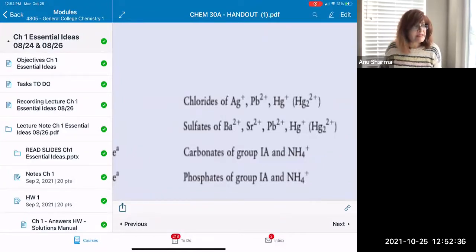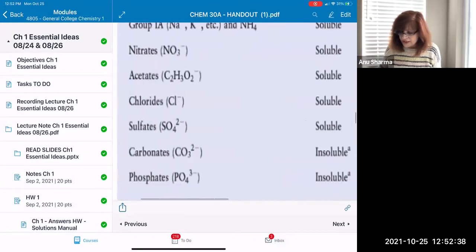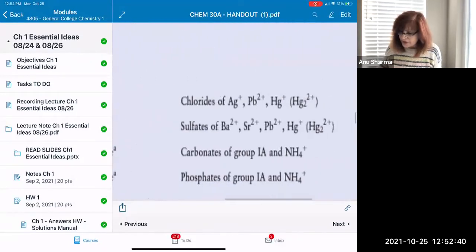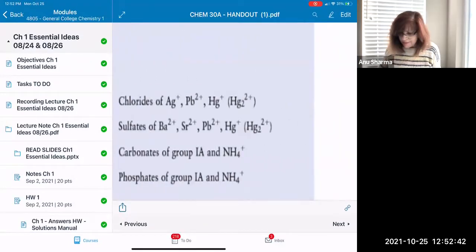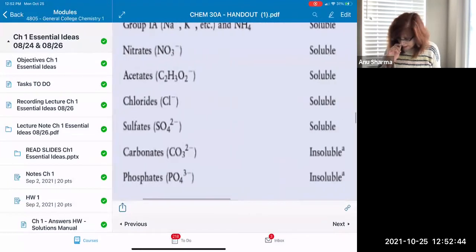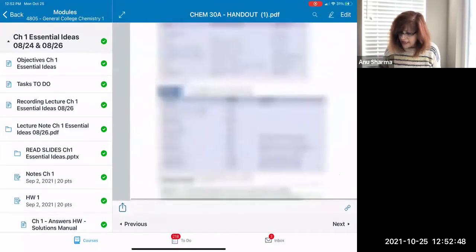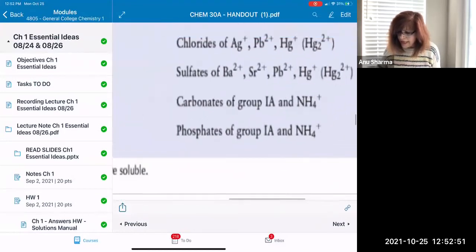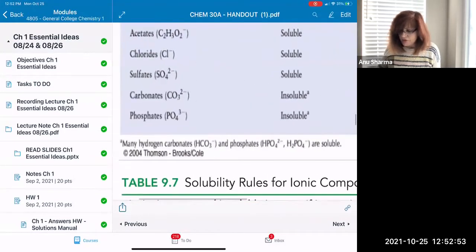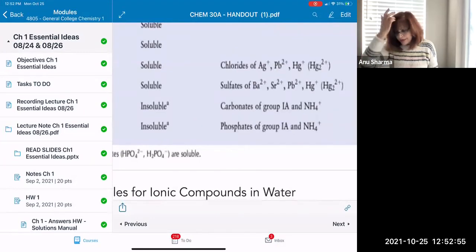Silver in +1 state and lead in +2 state. Sulfates, all of them are soluble except barium, strontium, and lead in +2 states. Then all the carbonates are insoluble except group 1A and ammonium. And similarly, all phosphates are insoluble except group 1A and ammonium.